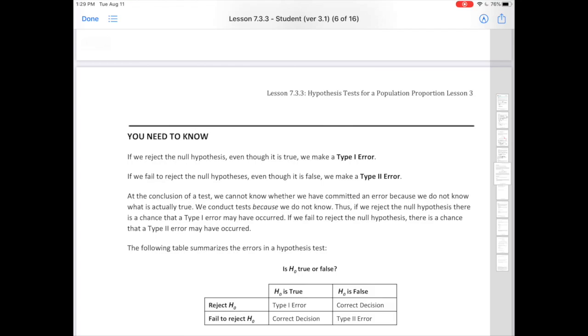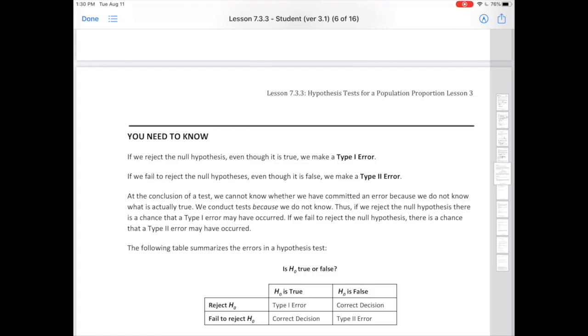Before I go on, this is important to note: we are talking about errors that are not our fault. What does that mean? Well, remember, we are testing something with a 5% significance level, which means that 5% of the time we might be wrong because the sample that we collect may actually mislead us.